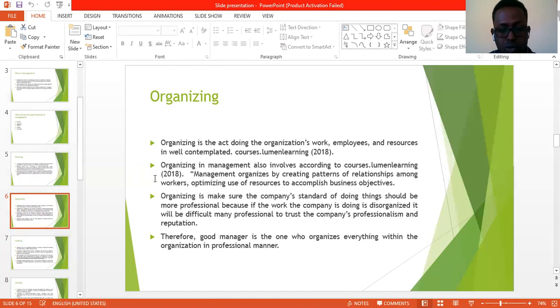Organizing is to make the company's standard of doing things more professional, because if the work of the company is disorganized, it will be difficult for professionals to trust the company's professionalism and reputation. Therefore, a good manager is the one who organizes everything within the organization in a professional manner.